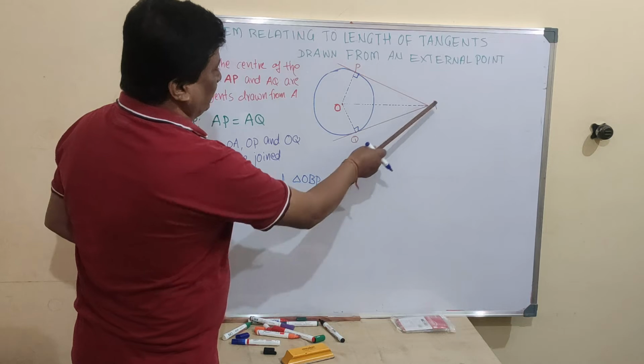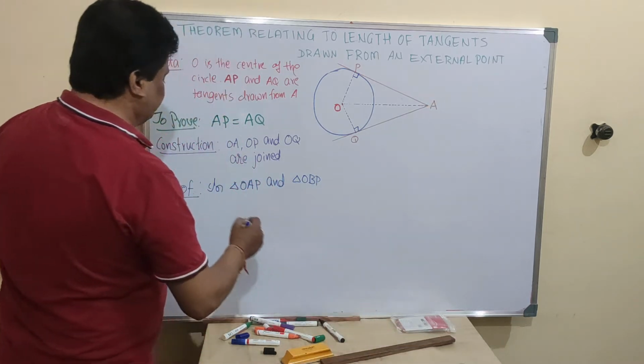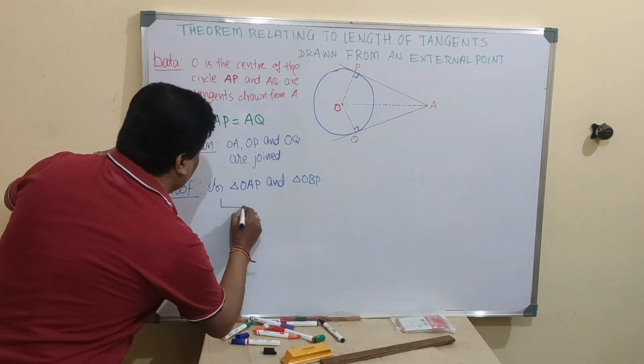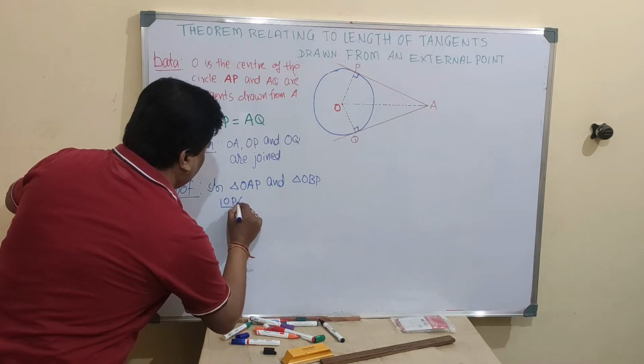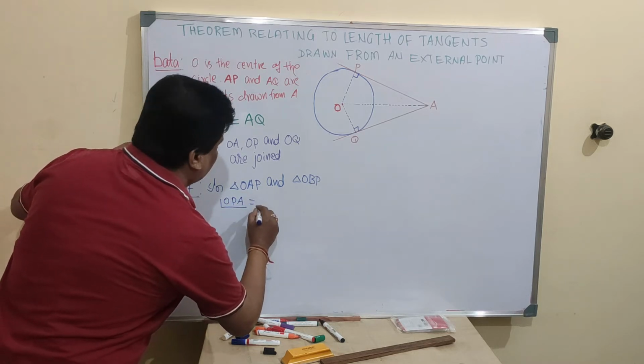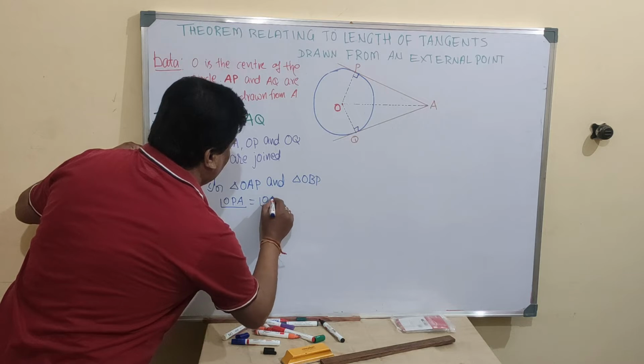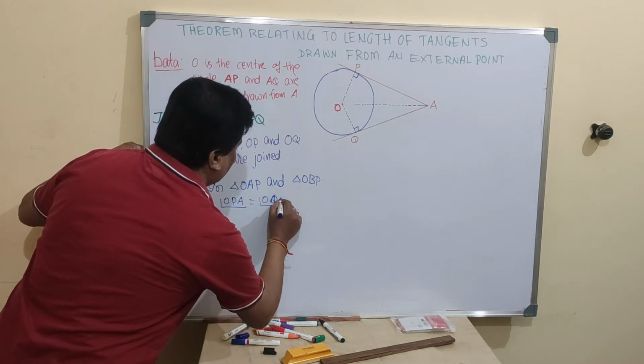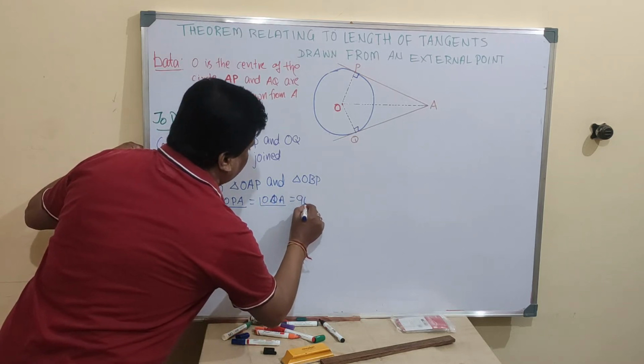Similarly, angle OQA is also 90 degrees. Angle OPA is equal to angle OQA, that is 90 degrees. Why?